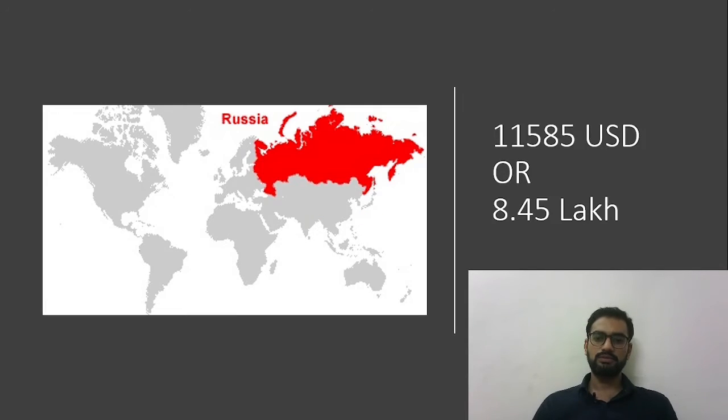Now moving forward, we have Russia at 8.45 lakhs or 11585 US dollars, right? This is at the exchange rate of 2021, 72.26, and this is World Bank's data from 2019. So 8.45 lakhs.